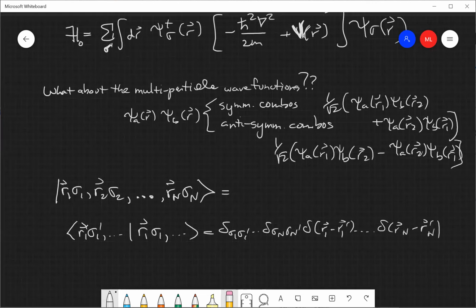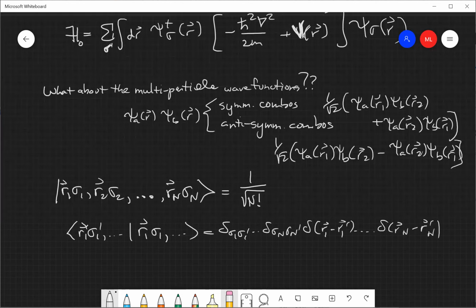So it has to be normalized like that, we know. In order to have that normalization, you need a 1 over square root of n factorial. And I'll argue for that in a moment.